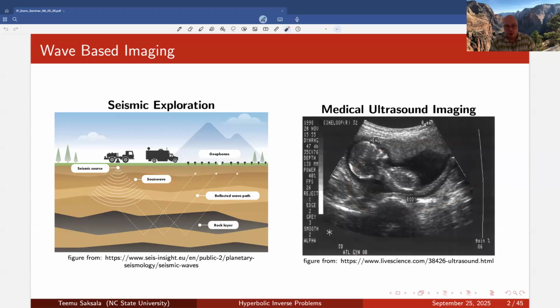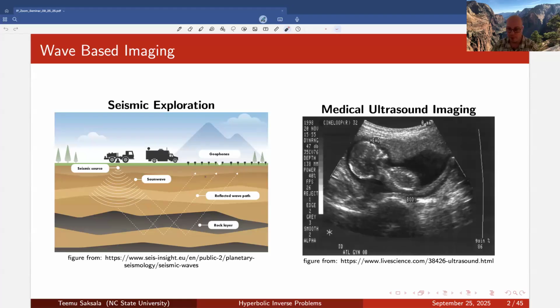We try to probe inside and see what's happening beneath by sending some seismic or acoustic wave into the medium, which will propagate through the medium and then return into some set of recorders where we receive some information about this wave. It can be how long it took for the wave to come, or the direction the wave comes out, or something like that.